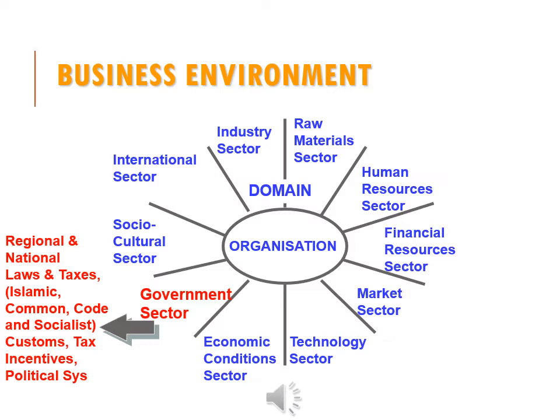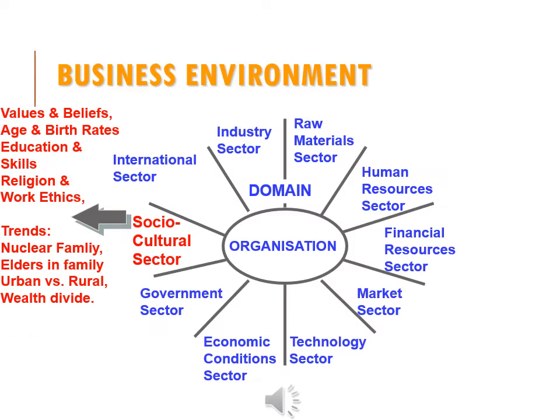For example, one country can be a socialist country, another country might be governed by common or court law, or one country with other laws. So for businesses operating in different types of countries, we need to abide by all those government rules and regulations.